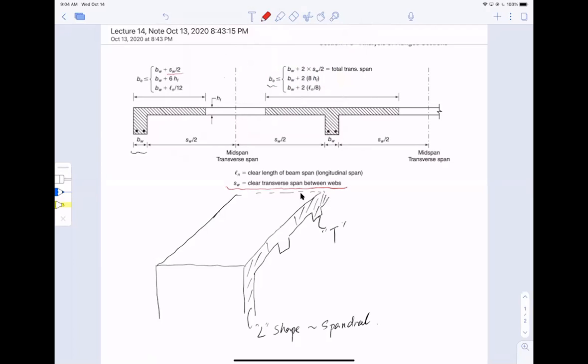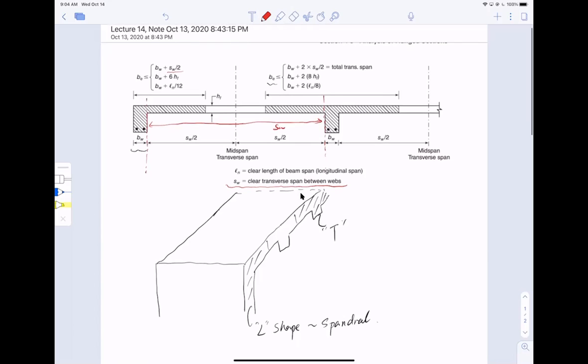That means it's the clear span distance between the inside of the wall to the inside of the wall. So this whole thing here is called SW, the clear span, transverse.